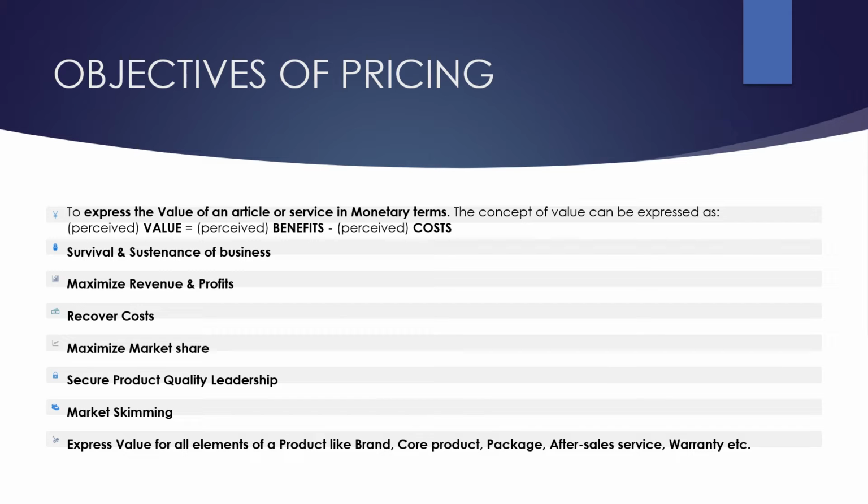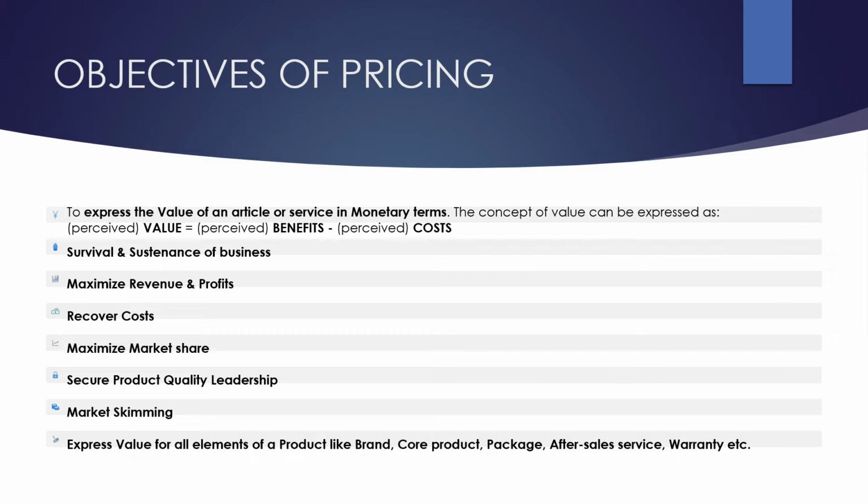Let us have a look at the objectives of pricing. Firstly, pricing is done to express the value of the article or a product or a service in monetary terms, in rupee terms. Value indicates excess of benefits over costs.